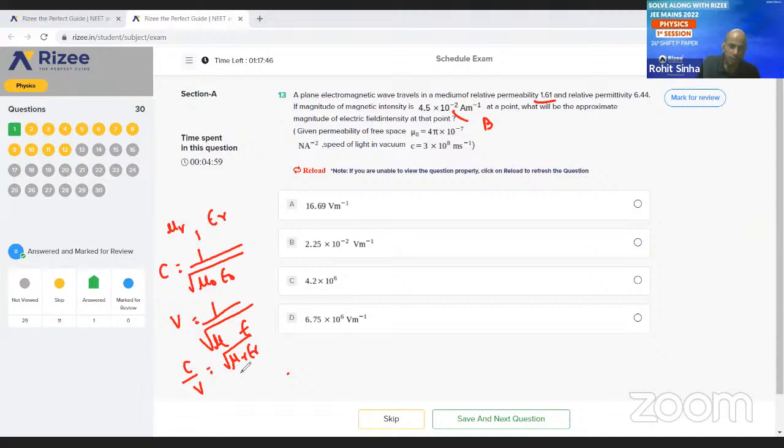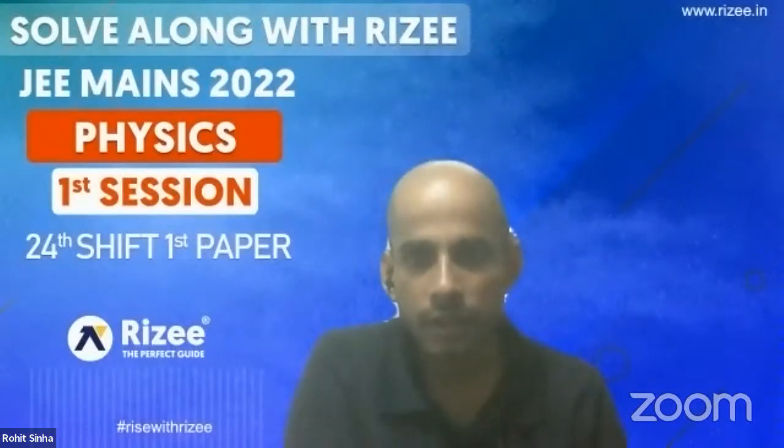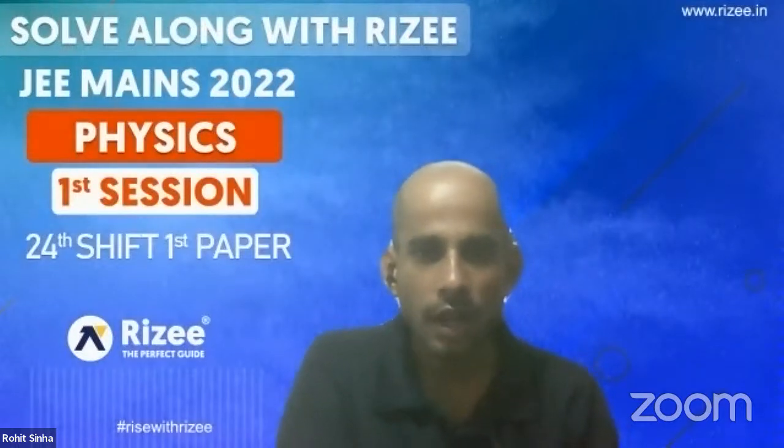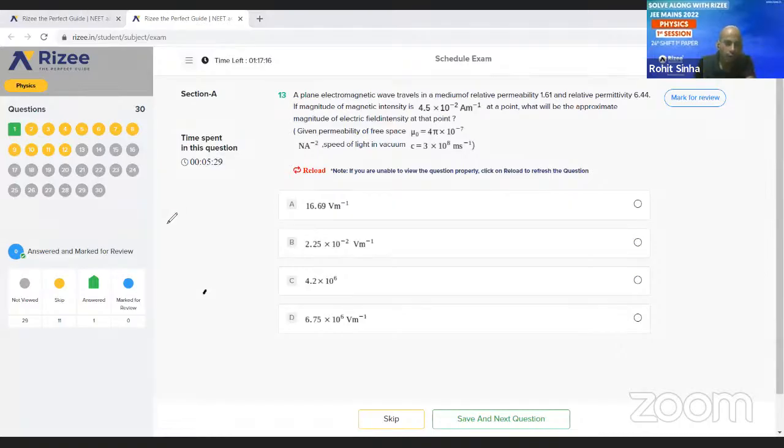See, mu r is given and epsilon r is given. This is the value of mu r and this is the value of epsilon r. So c by v is equal to under root mu r into epsilon r. If you put the values here, and the speed of light is also given, we can find the velocity of the electromagnetic wave in a particular medium.